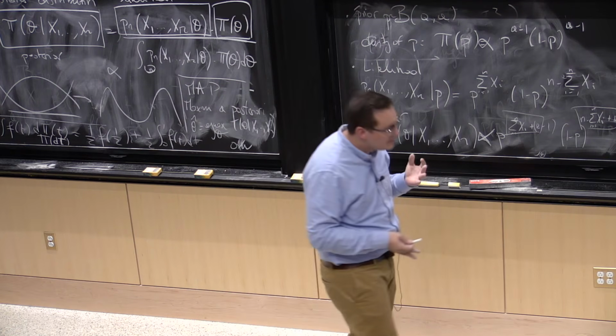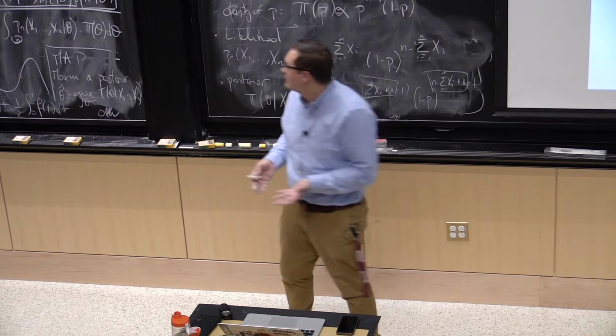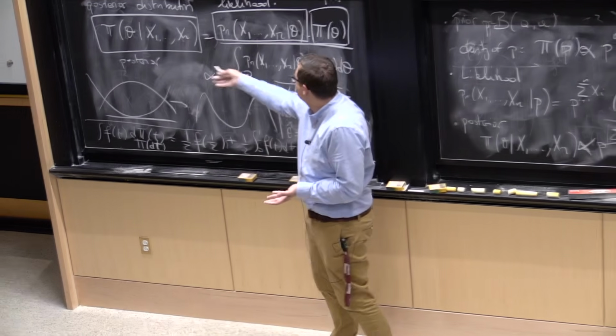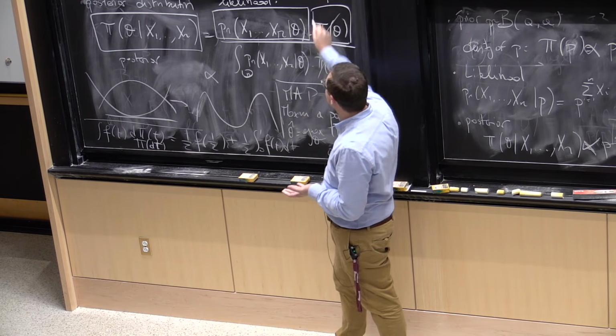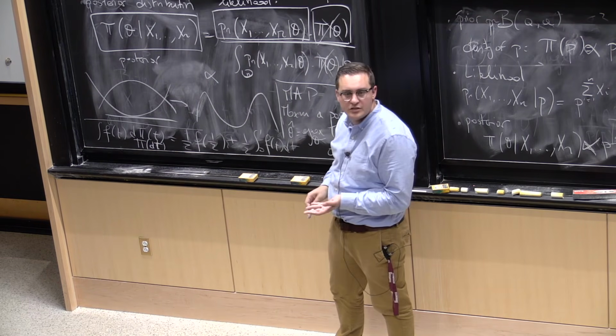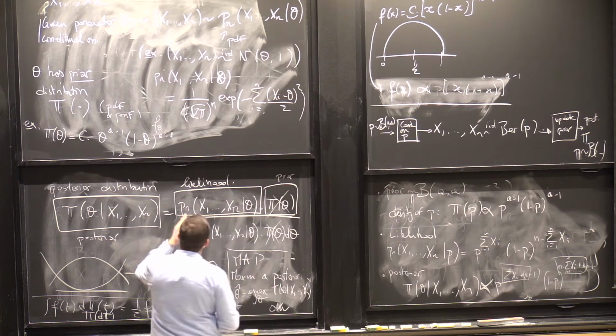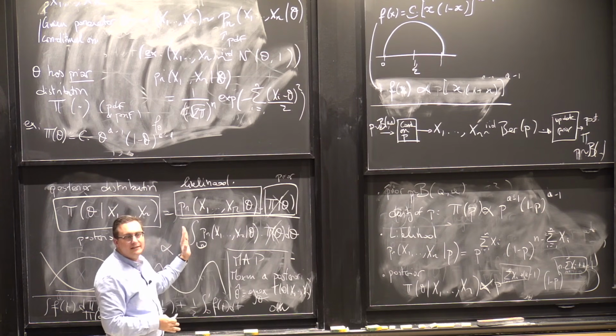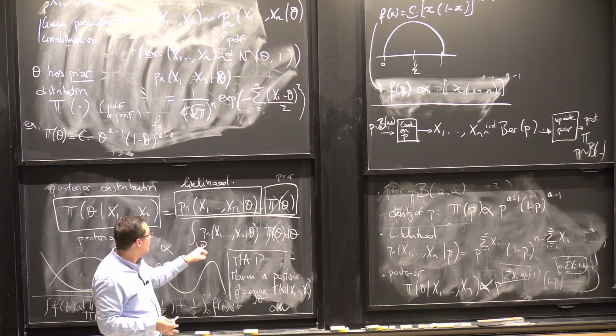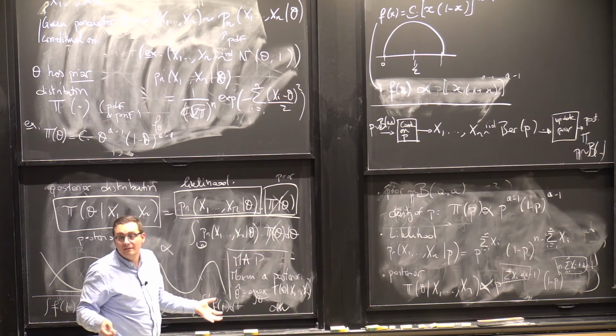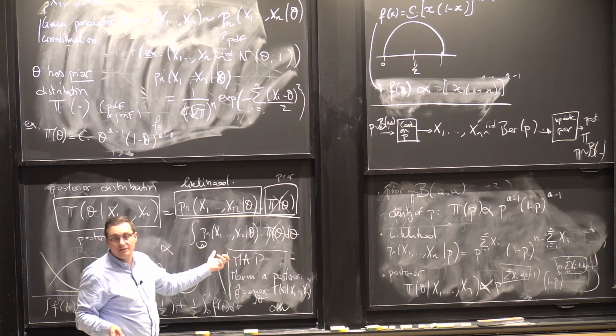And so you can actually still talk about this. You could always think of this as being a constant, remove it from this equation, and just say, well, my posterior is just the likelihood divided by the integral of the likelihood over theta. And if theta is the entire real line, so be it. As long as this integral converges, you can still talk about this.